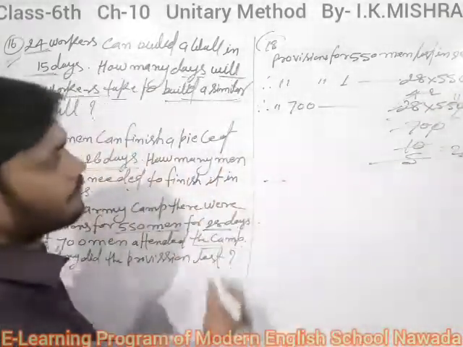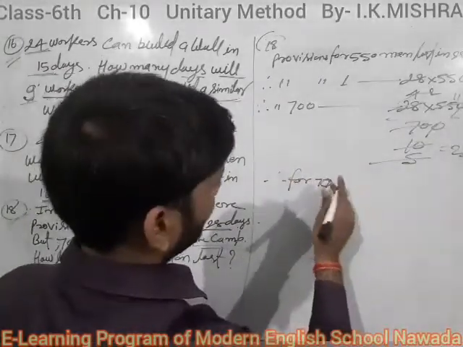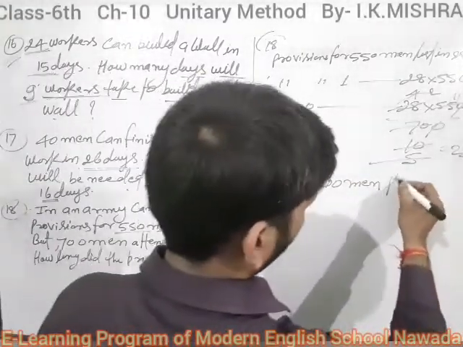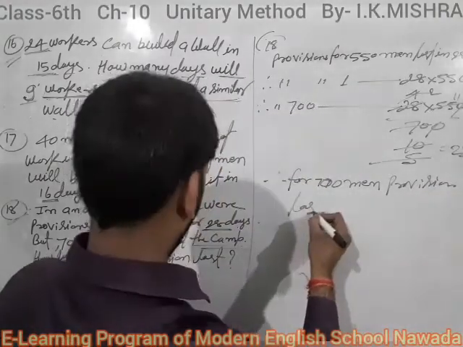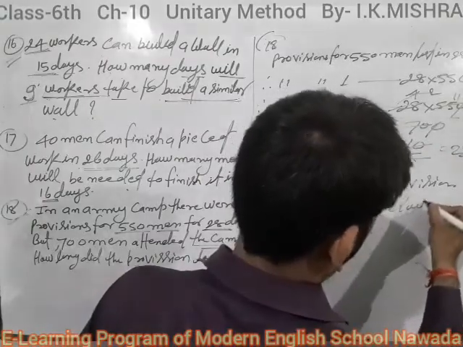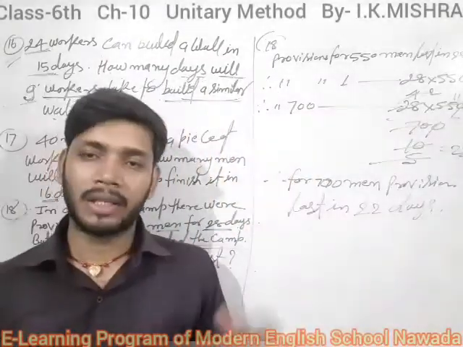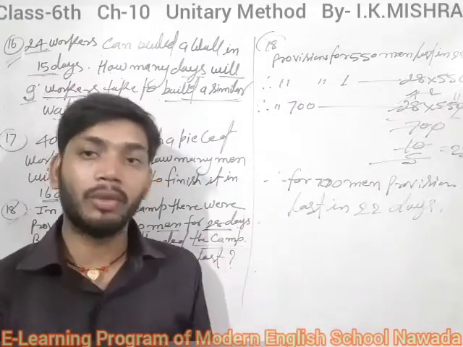So students, for 700 men the provision lasts in 22 days. When more men attend the camp, then provisions will last fewer days.